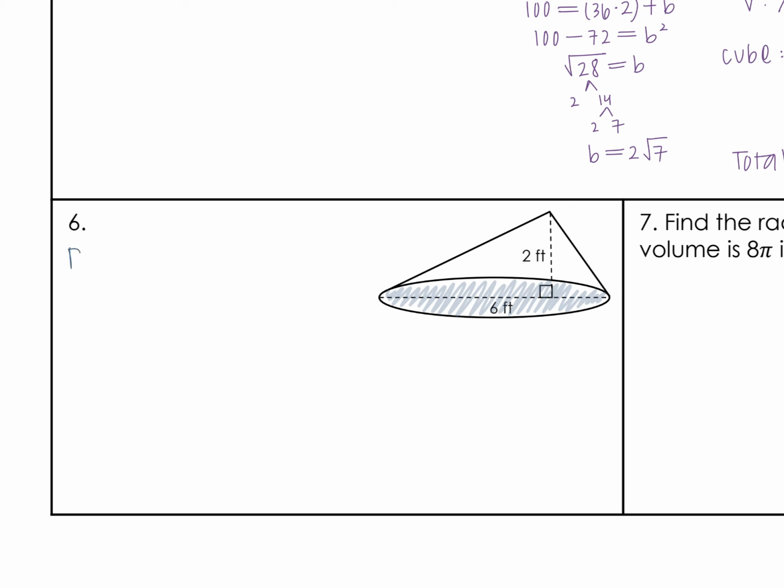So our capital B, area of the base, is going to be that pi r squared. So we would be using 3 squared because this right here is going to be my diameter that we would need half of for our radius.